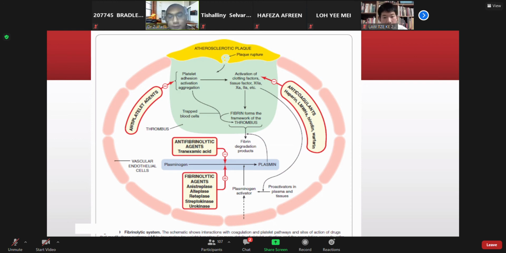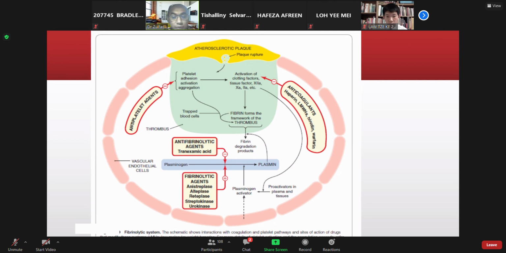Remember, in this lecture you have to know about the platelet and hemostasis, how to stop the bleeding. That is the physiology knowledge you need to emphasize. You need to know the platelet aggregation and the blood coagulation cascade.